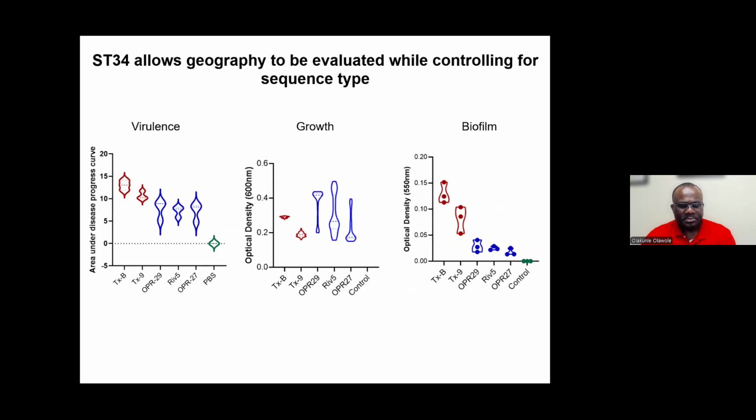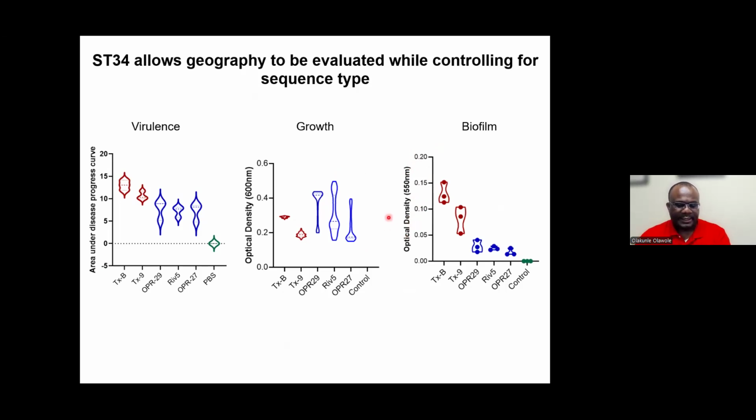The ST34 provided a natural experiment to evaluate the effect of geography while controlling for lineage. Now, one of the things we found, like I mentioned earlier, that was so unique about the ST34 was that this particular sequence type comprises Texas and California isolates, and these isolates remain genetically similar despite their geographic separation.